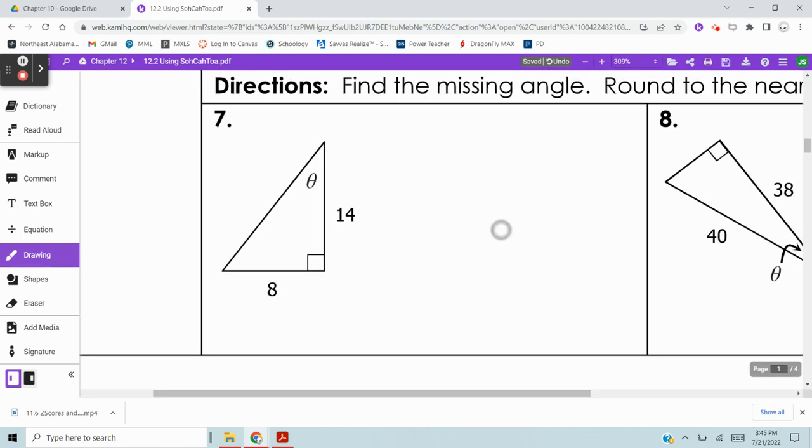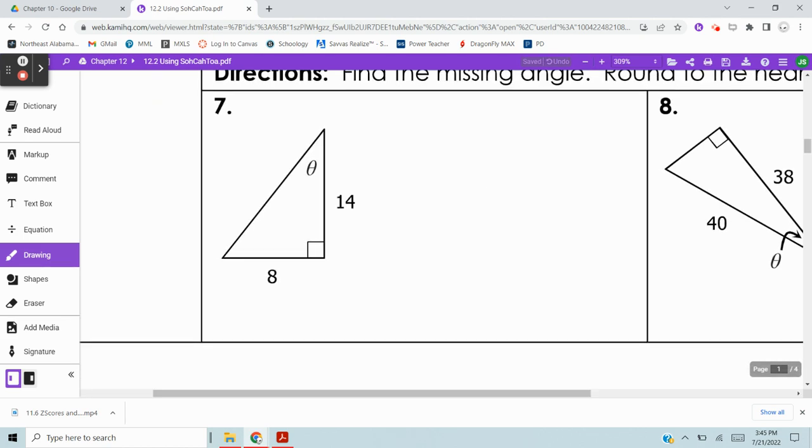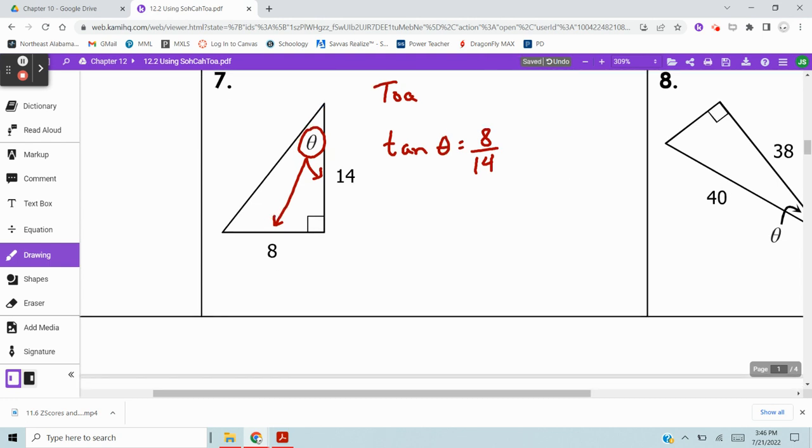So let's start this with number 7. And we start the problem the same way. Here's my angle. This would be the opposite. This would be the adjacent. So that would be a TOA, a tangent problem. The tangent, and I don't have an angle, so I leave it as theta here. The tangent of theta is equal to opposite over adjacent. Now, in order to get theta by itself, which is what we're looking for, the angle here, we're going to move the tangent over.